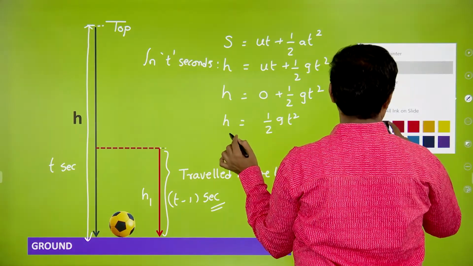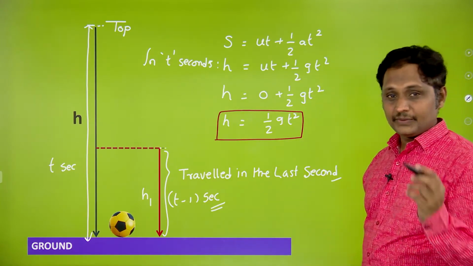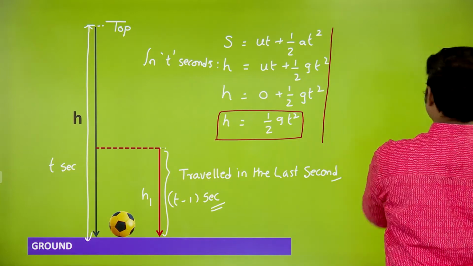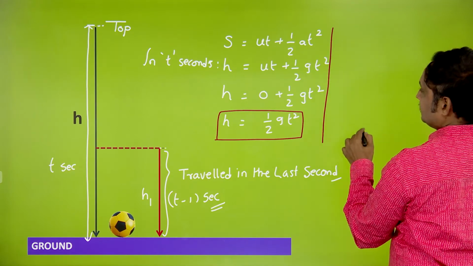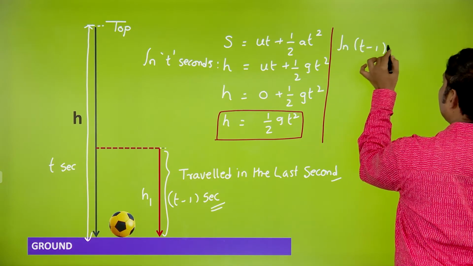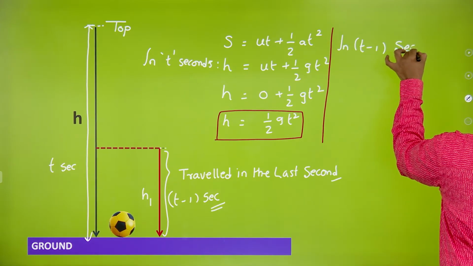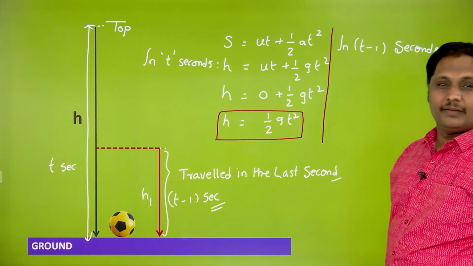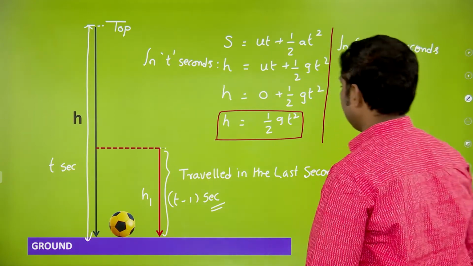This is the one equation we are having. This is very clear. Now, you can apply that same equation of motion. In t minus 1 second, just we have to take that. In the last second, it is going to get that distance.